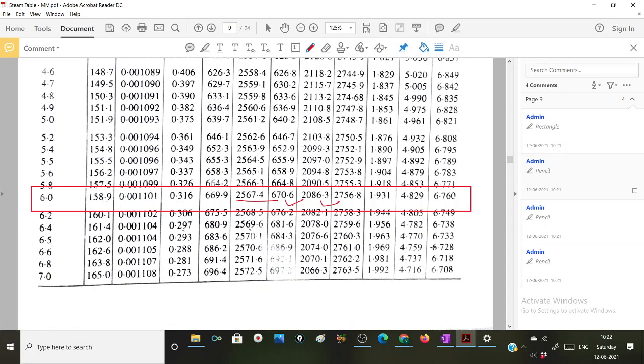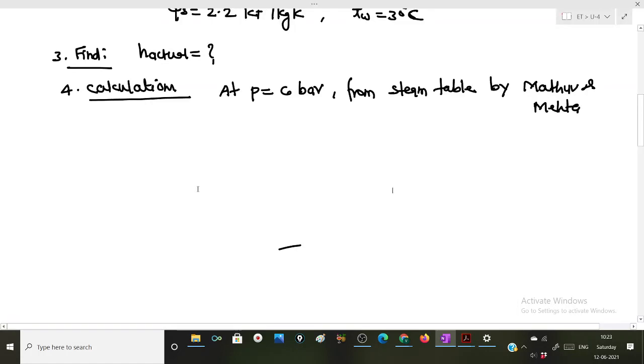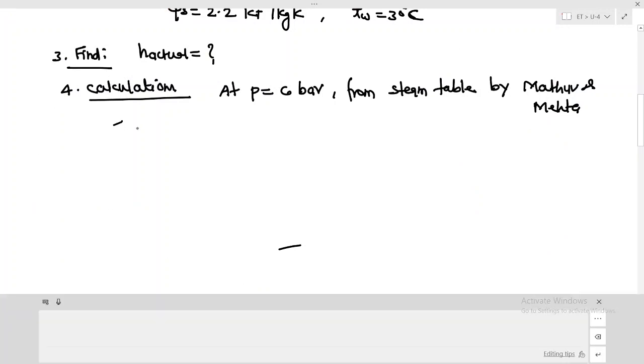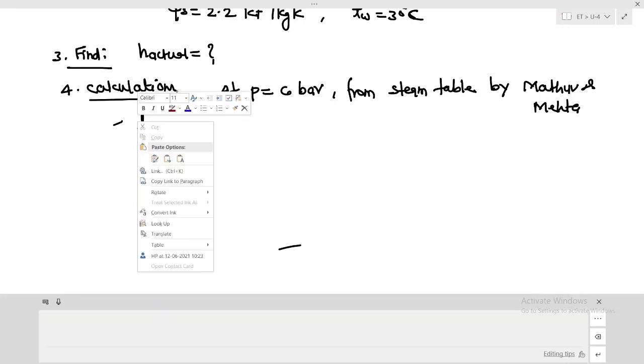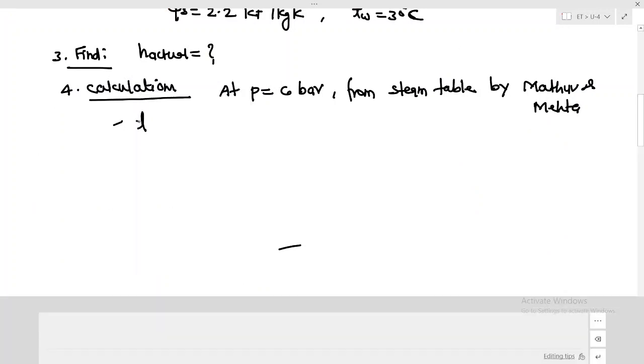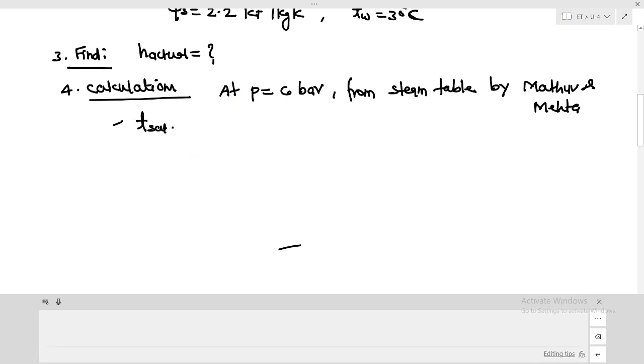So HF, HFG and Tsat from this table. So saturation temperature is 158.9 degrees Celsius.